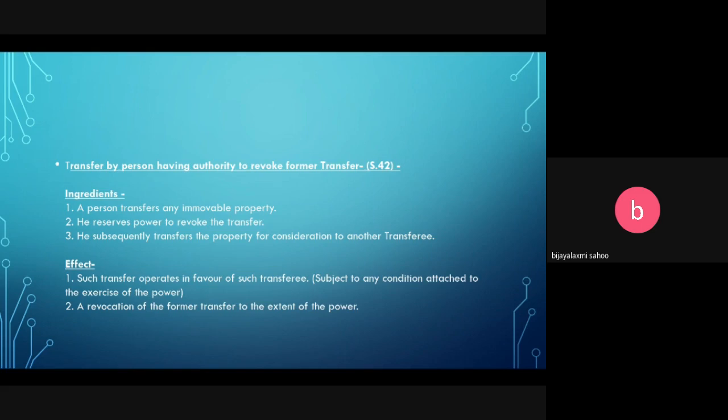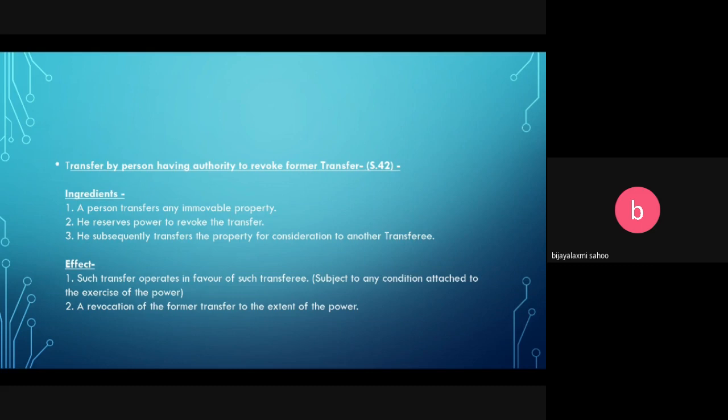So, if you take the example, it will be more clear. I have given a house on rent to my friend, and said that if you do any illegal activities here, then I will not give it on rent anymore.